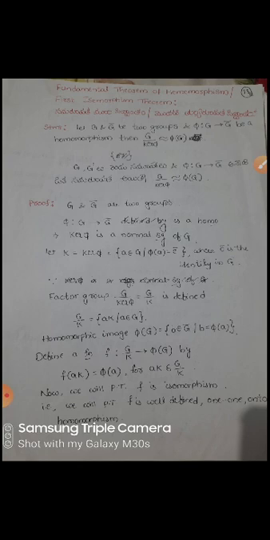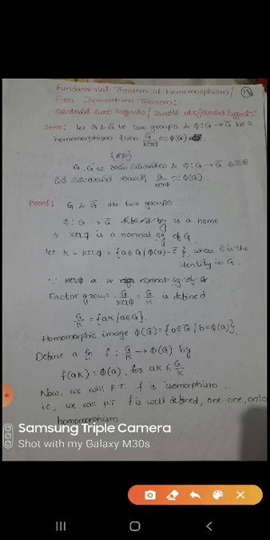So the factor group G/K, where K is the kernel of phi, is defined as G/K = {aK such that a belongs to G}. Here the homomorphic image phi(G) = {b belongs to G bar such that b = phi(a)}.